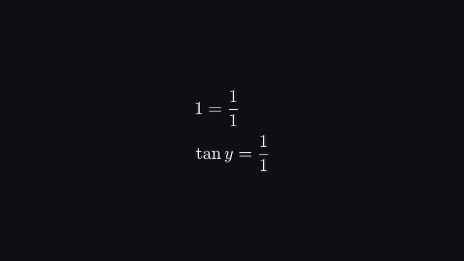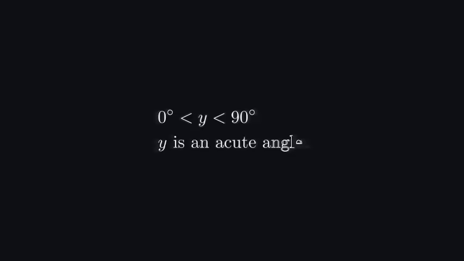Tan of y equals 1 over 1. Zero degrees less than y less than 90 degrees. Y is an acute angle.